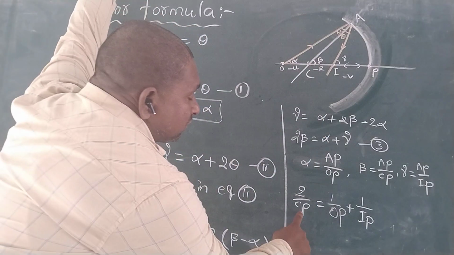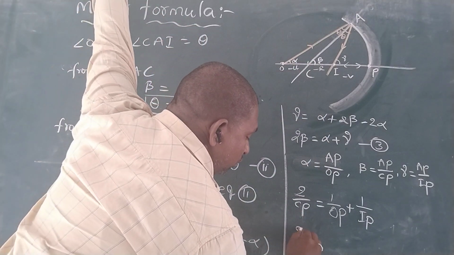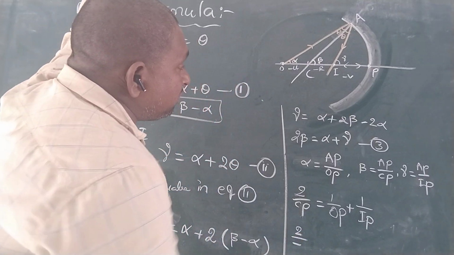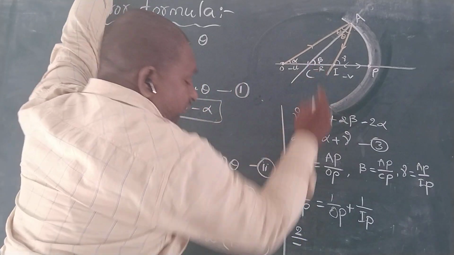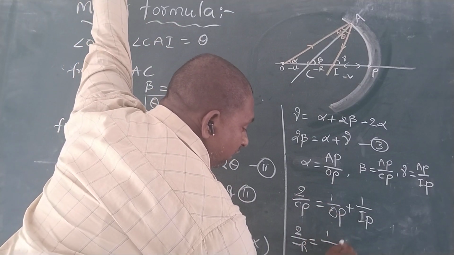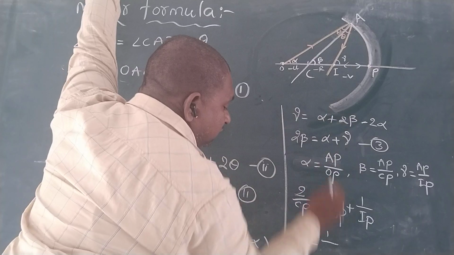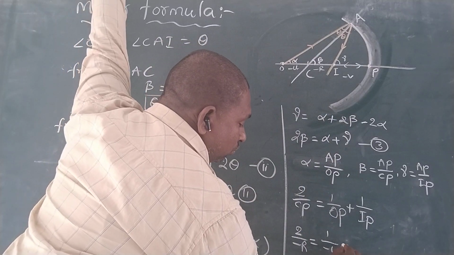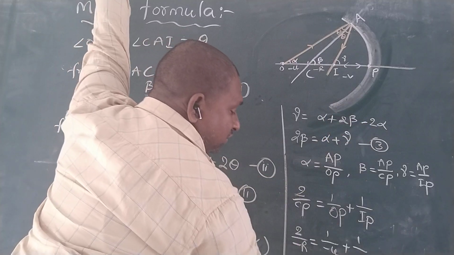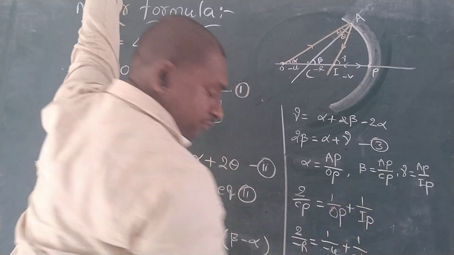So instead of CP, radius of curvature, you substitute minus R, is equal to 1 by OP, object distance minus u, plus 1 by IP, image distance minus v.